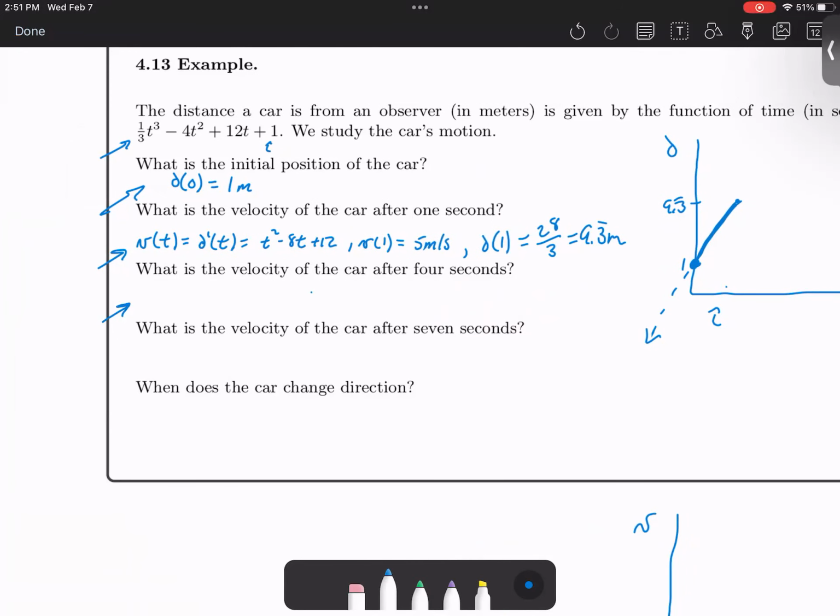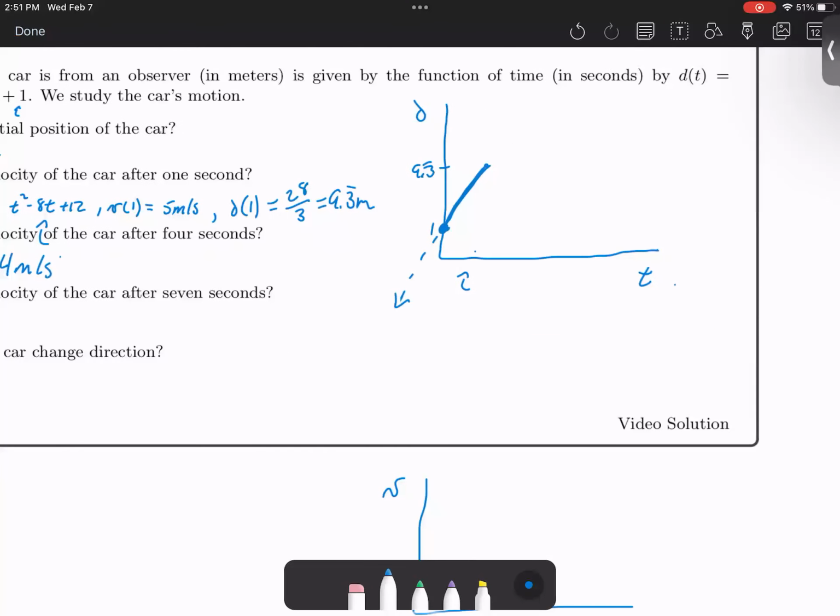What's the velocity of the car after 4 seconds? We evaluate inside of our velocity function time equal to 4, and we get minus 4 meters per second. So over here, when time is equal to 4, we are traveling backwards. So apparently we turn around sometime between 1 second and 4 seconds.